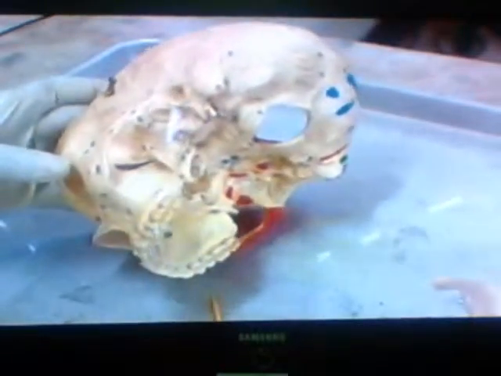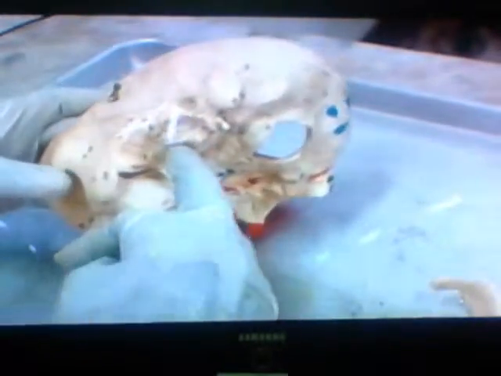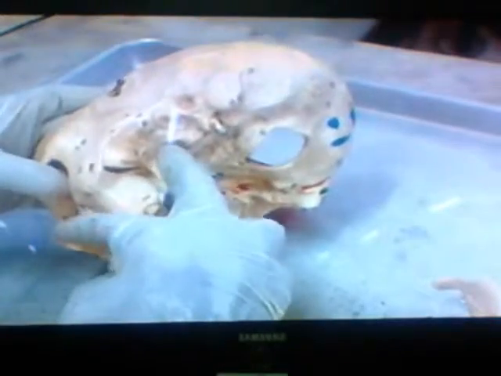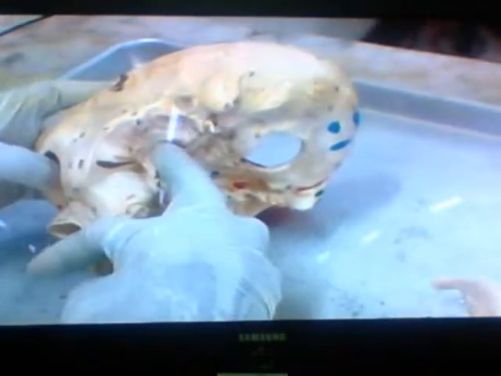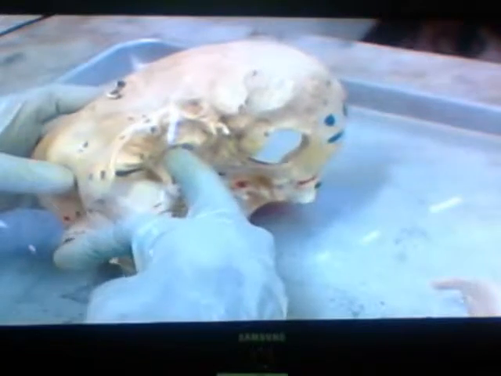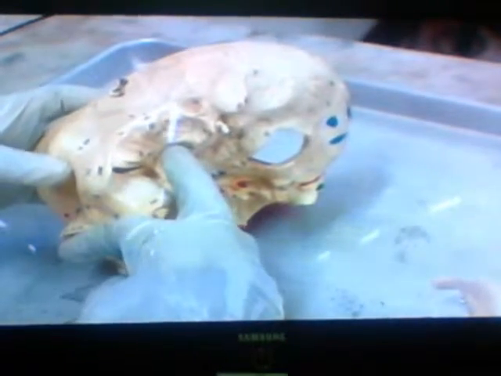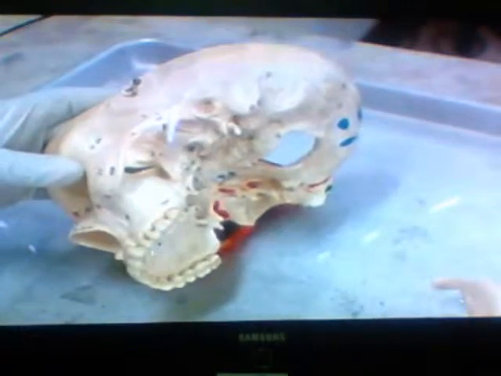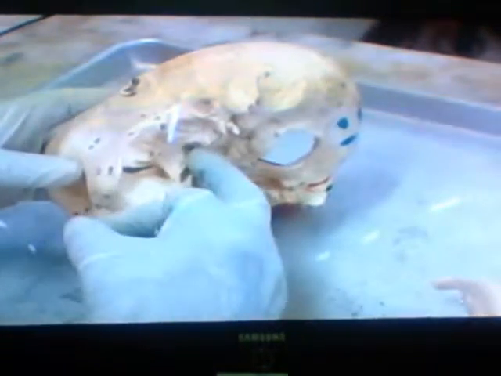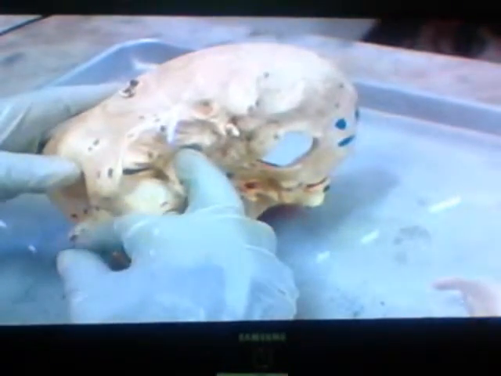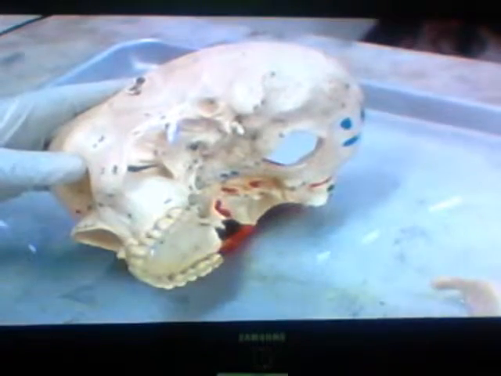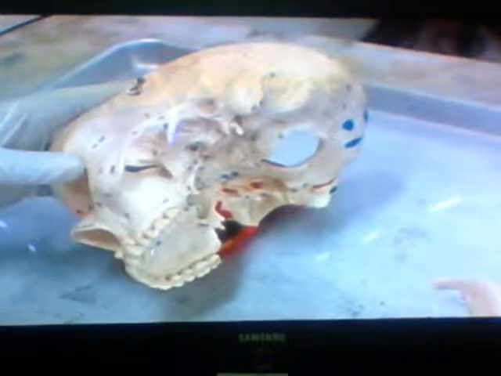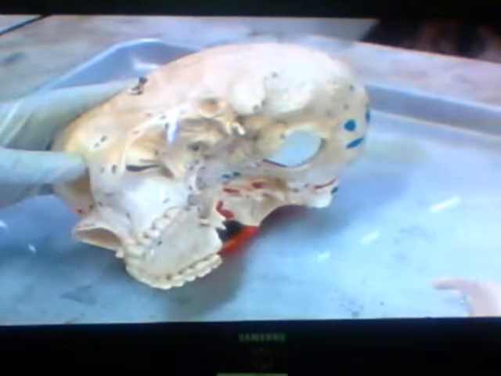Alright? Now, there is an important artery that comes into the pterygoid infratemporal fossa, and probably you would say it's the most important artery. What is that artery? The maxillary artery. Very important. And this maxillary artery has quite a number of branches, at least 15 branches.